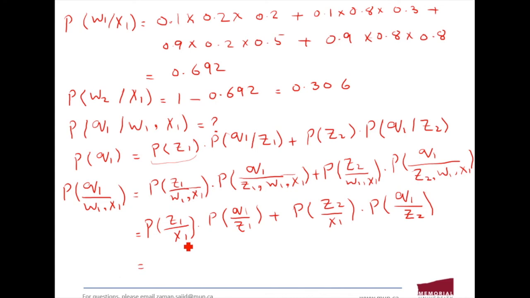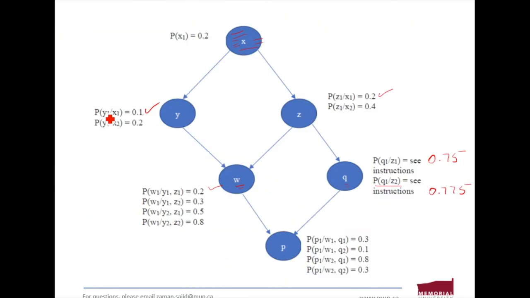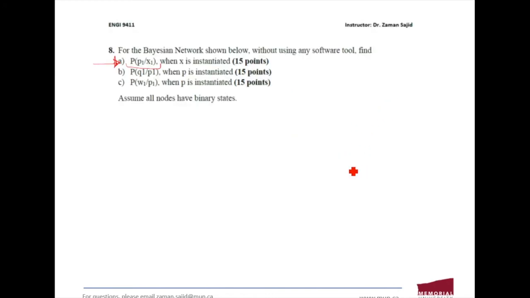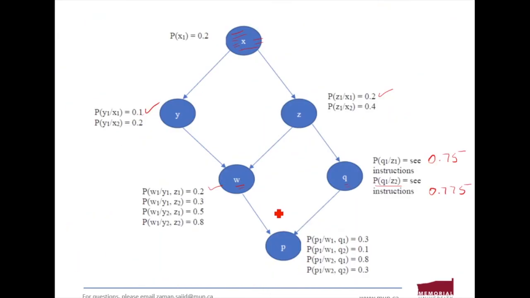Probability of the Z1 given that X1, I will go to the network here. This is my Z1 given that X1, 0.2. So let's write it down here. This is the 0.2 multiplied by the next term, the probability of the Q1 given that Z1. The probability of the Q1 given that Z1, as I said, I am assuming it as 0.75.